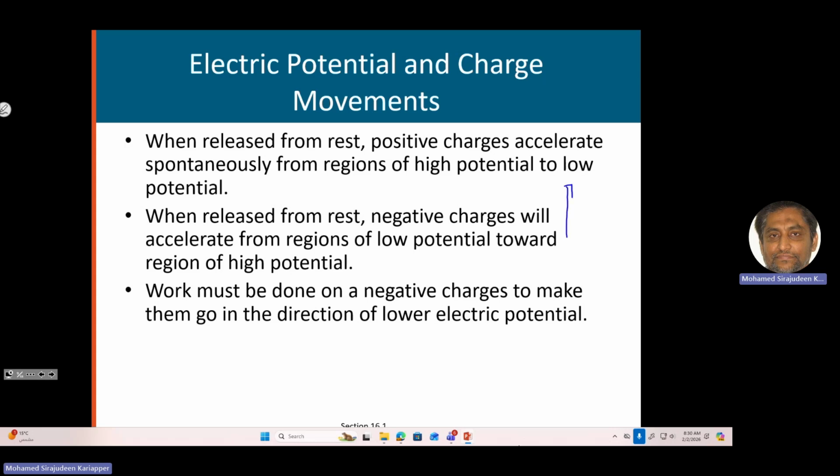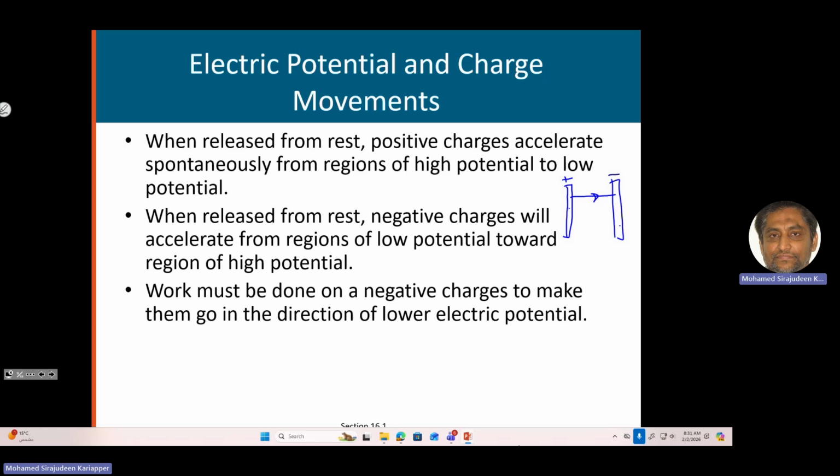So if I take a capacitor plate, between the positive and negative plates, the electric field will be like this. At the positive plate we will have high potential, and at the negative plate a lower potential. Like a battery, the positive end is at a higher potential and the negative end is at a lower potential. So if you release a positive charge, it will move to the negative plate.